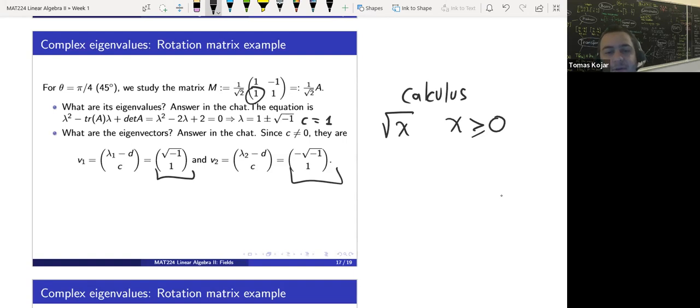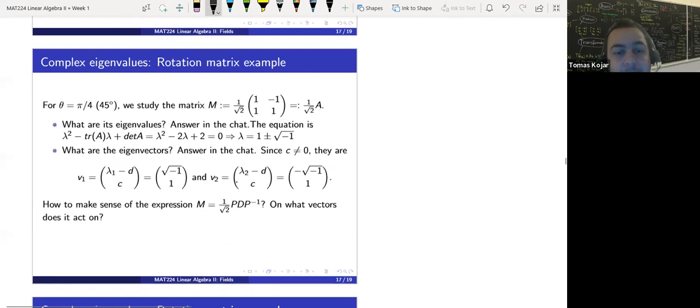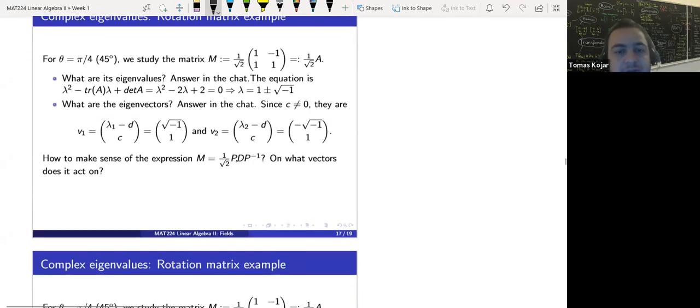Oh, I see. Great. So, okay, so this is the situation. What the hell is this square root of minus 1? All right. And then, okay, you found the eigenvectors, you do your diagonalization, but then on what vectors does it act on, right? So this P will be square root minus 1, 1, minus square root minus 1, 1.